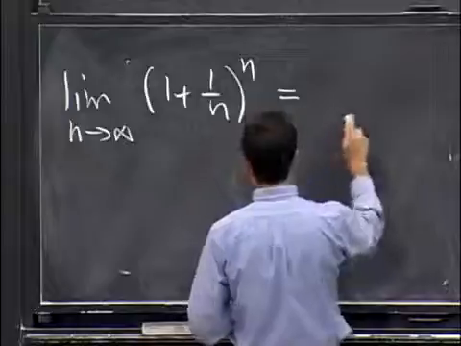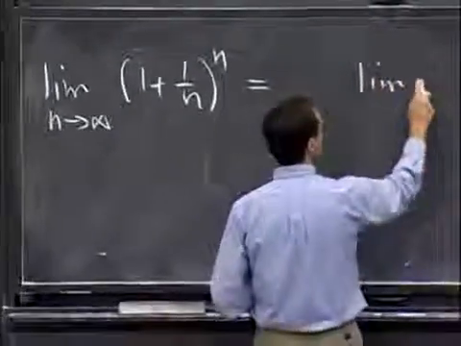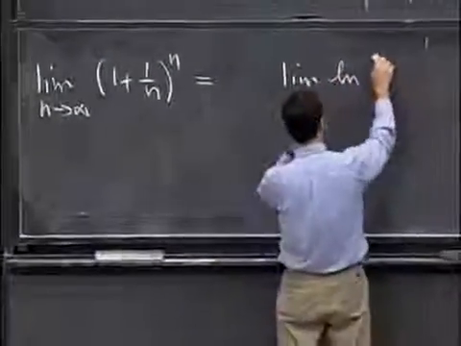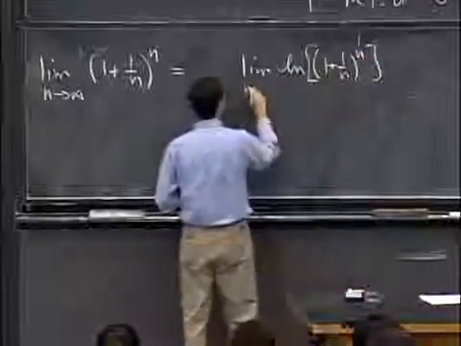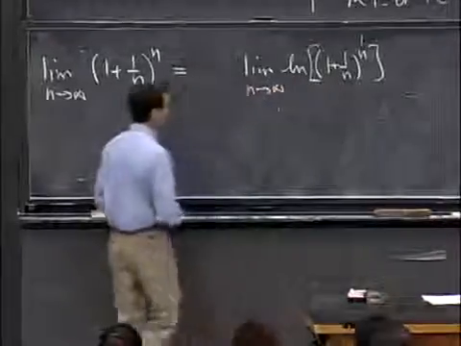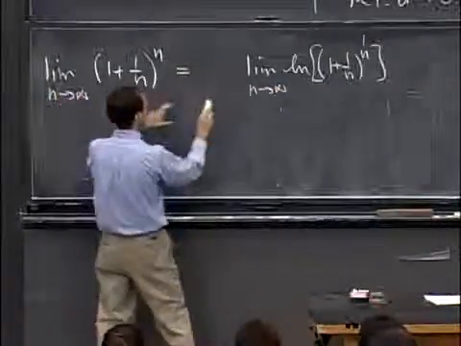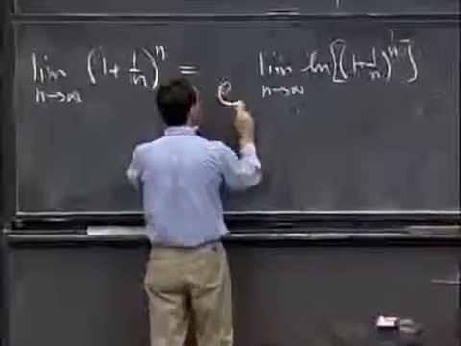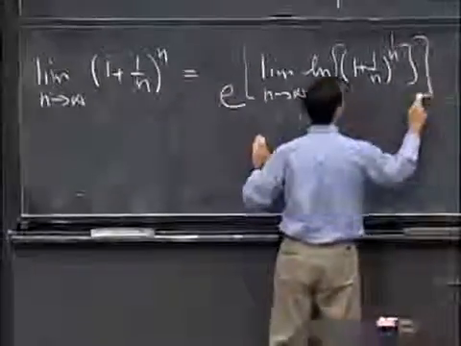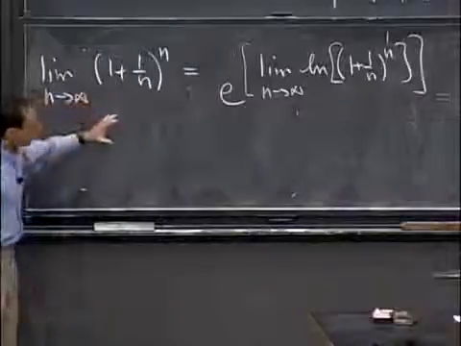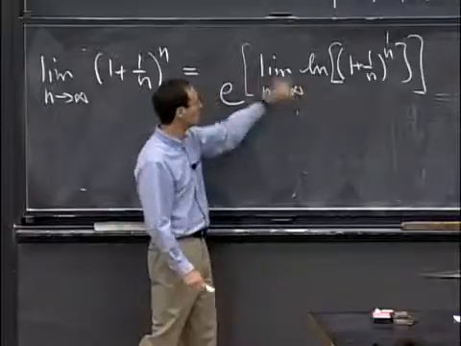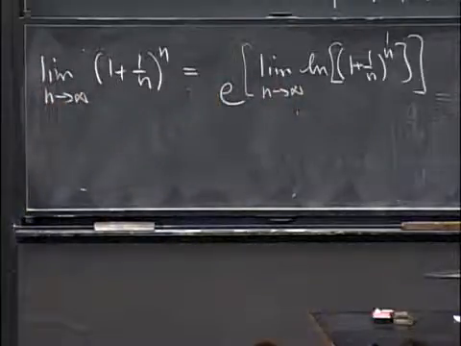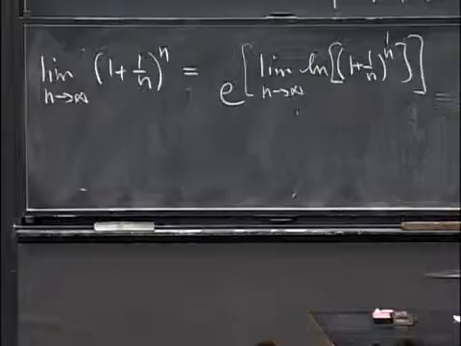The thing that we know is the log of (1 + 1/n)^n as n goes to infinity. That's the one that we just figured out. But now this thing is the exponential of that. So it's really e to this power here. So this guy is the same as the limit of the log of the limit of this thing, which is the same as the limit, log of the limit. The limit of the log and the log of the limit are the same. Log lim equals lim log.